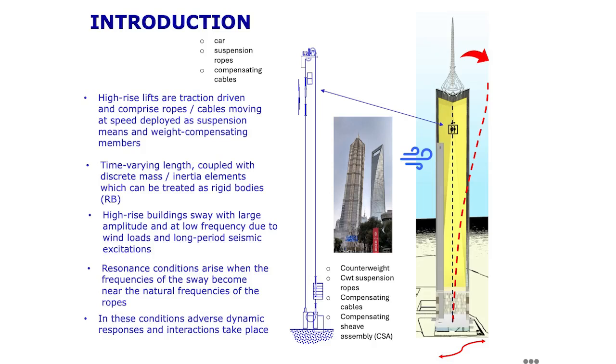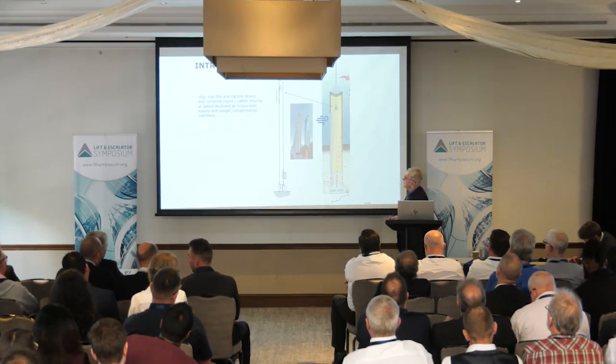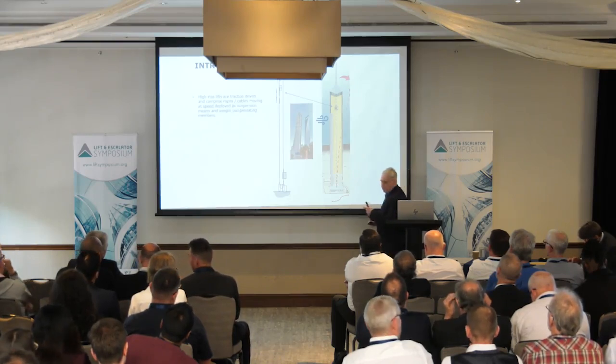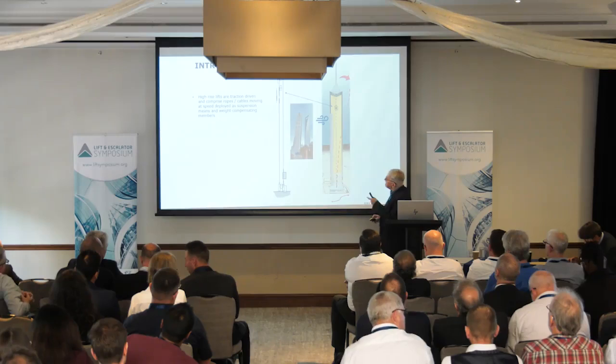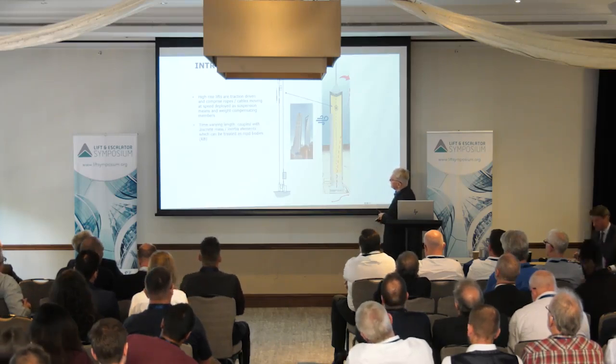Okay, so let's have a look here. This is a typical configuration of the lift in a high-rise building. In a high-rise building, we've got a lift which has a compensating system. They are moving at speed, and the compensation is part of the picture.